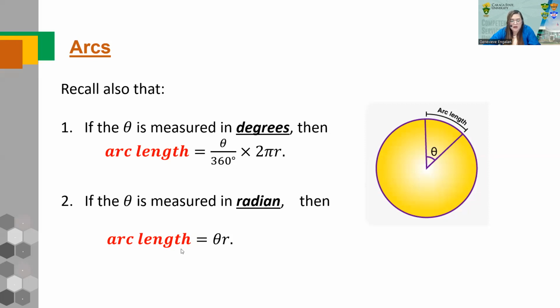If it is in radians, the arc length is just equal to the angle times the radius.